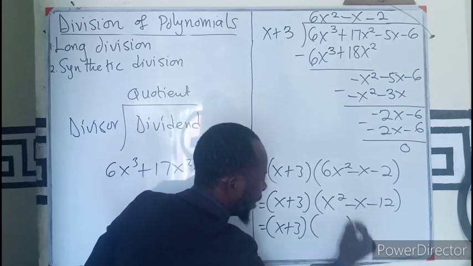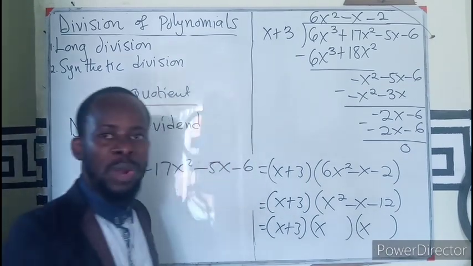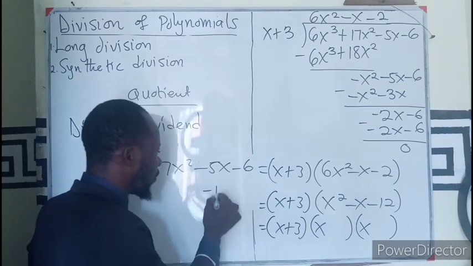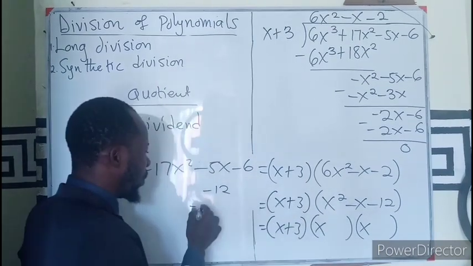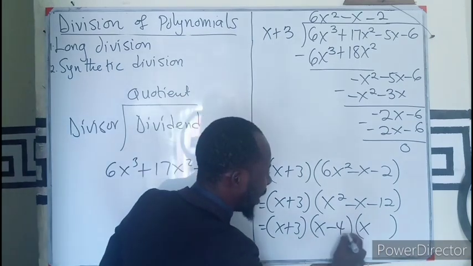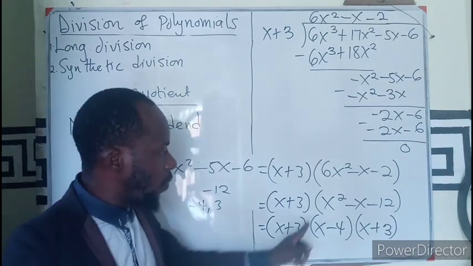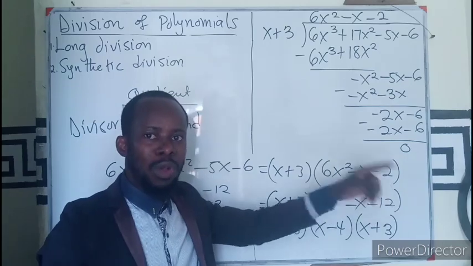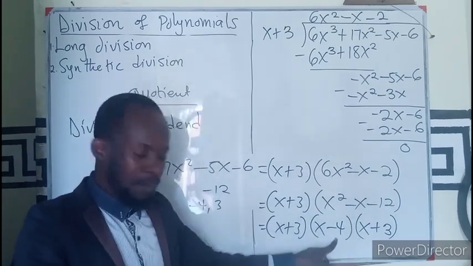We know the answer is going to be in 2 brackets, while the first will be x in each bracket. So now we are looking for factors of negative 12 that when you add, you get negative 1. And those could be negative 4 and what? 3. So putting in there, negative 4 plus what? 3. But don't forget, we have altered the question by using 6 to multiply this. So now we reverse it by dividing these answers by that 6.